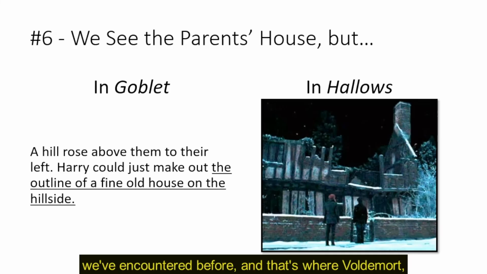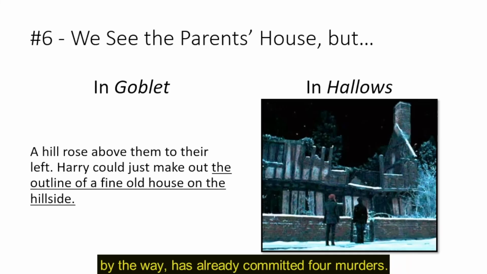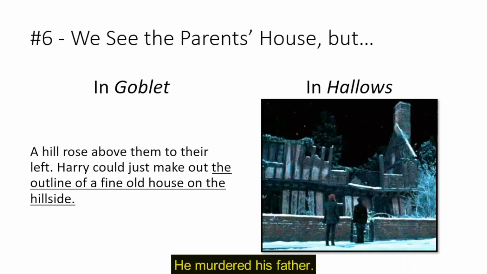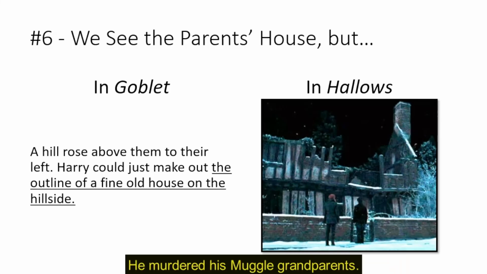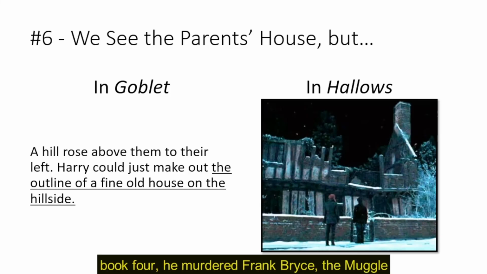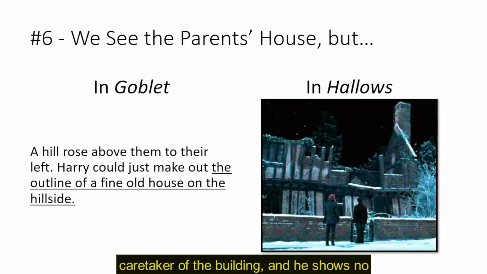And that's where Voldemort, by the way, has already committed four murders. He murdered his father. He murdered his Muggle grandparents. A little while later, at the beginning of Book 4, he murdered Frank Bryce, the Muggle caretaker of the building. And he shows no interest in that building. Voldemort clearly has no attachment to the past.